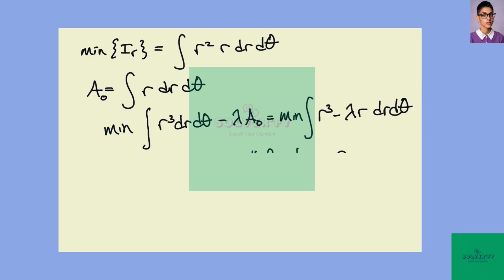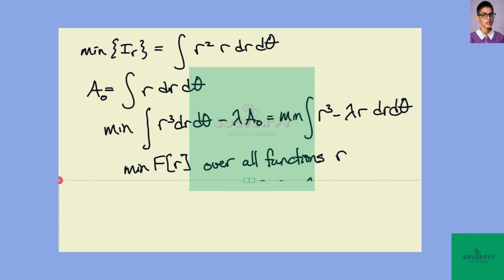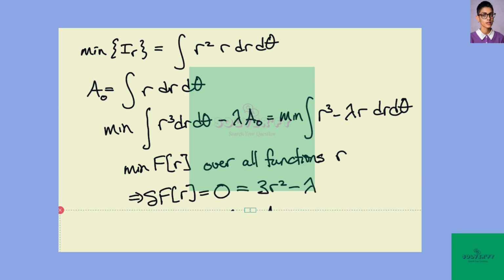So the calculus of variations basically tells us how to minimize this thing. And it turns out that if you have simple functions like this, it looks a lot like calculus. So we want to minimize this functional, I call it F of r, over all functions r. And we use this little delta symbol here to say the variation of the functional must be 0.